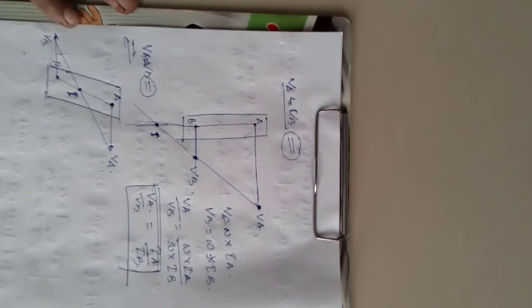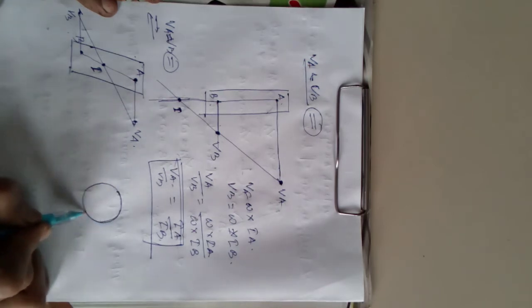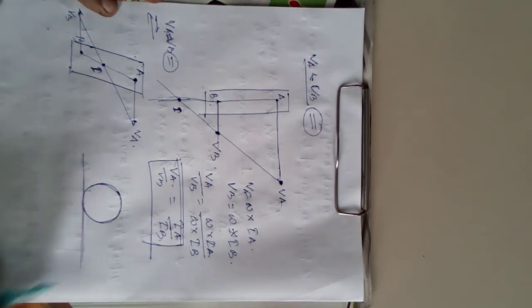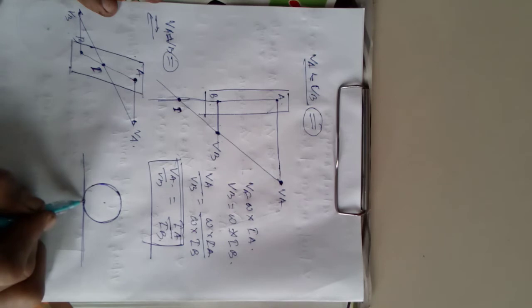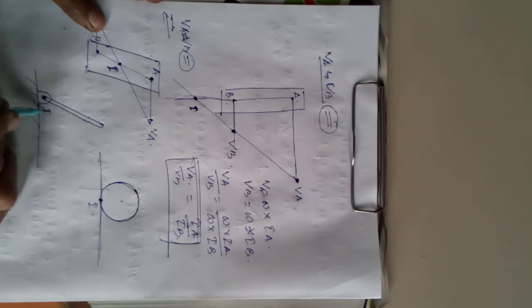Okay, some other examples we can take. Suppose a circle which rolls without slipping in a plane. Where will the instantaneous center be? The instantaneous center will be at the contact point. Another case you can consider, suppose that is a link, this is a turning pair. So the instantaneous center will be at the turning pair.